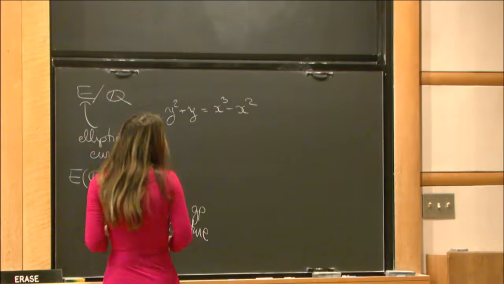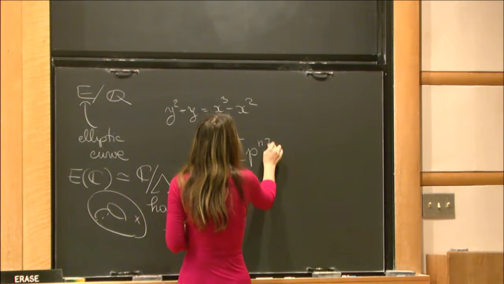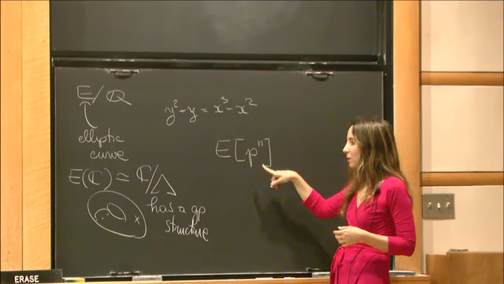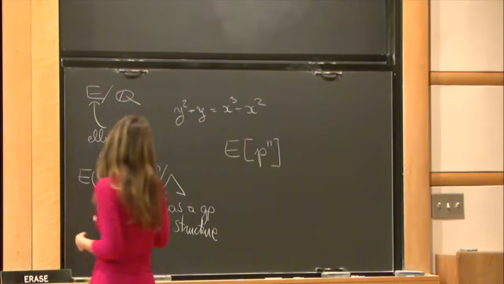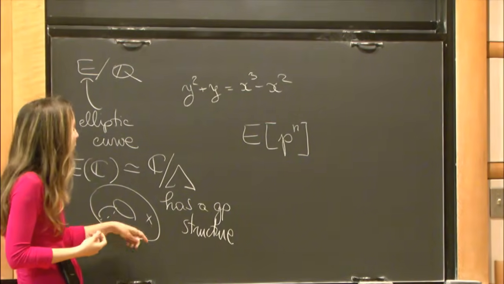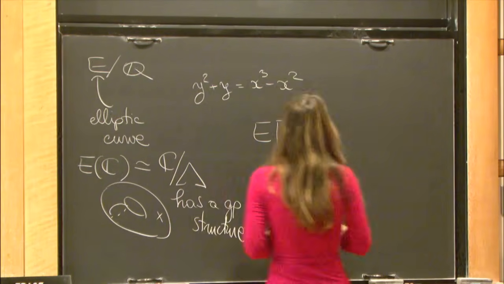And the way you do it is you look at the p to the n torsion points on the elliptic curve for varying n. So what do these mean? So points on the elliptic curve such that if you multiply them by p to the n, you get to the origin. So the point at infinity is identified to the origin in this picture.